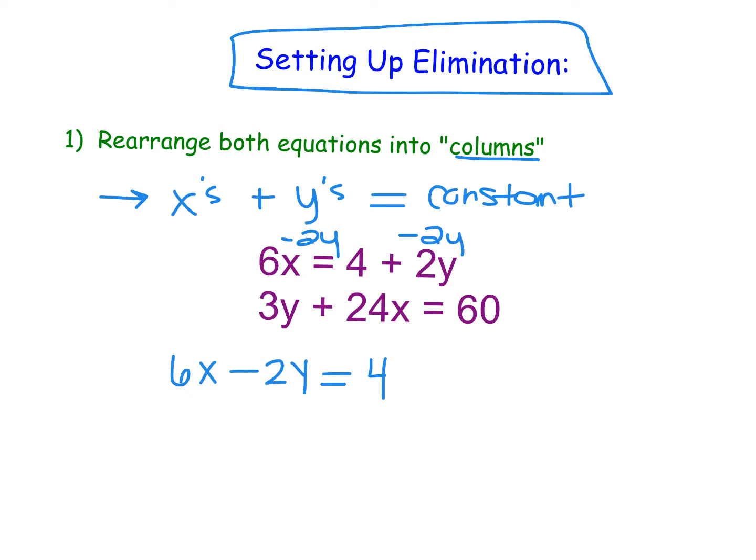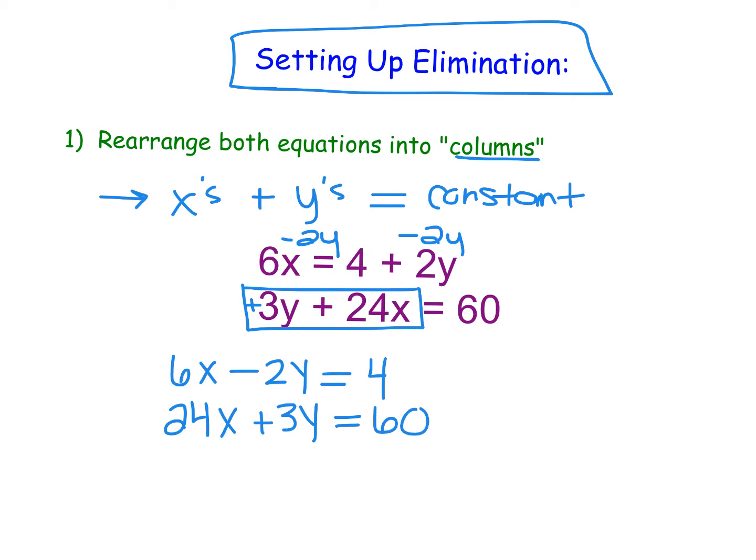And if you want to use keep, change here, you're more than welcome to. Then from here in this second equation, I don't have to move anything to the other side of the equation. I just simply need to rearrange this, keeping plus signs with both the 3y and the 24x. So here I'm going to rewrite this as 24x plus 3y is equal to 60.